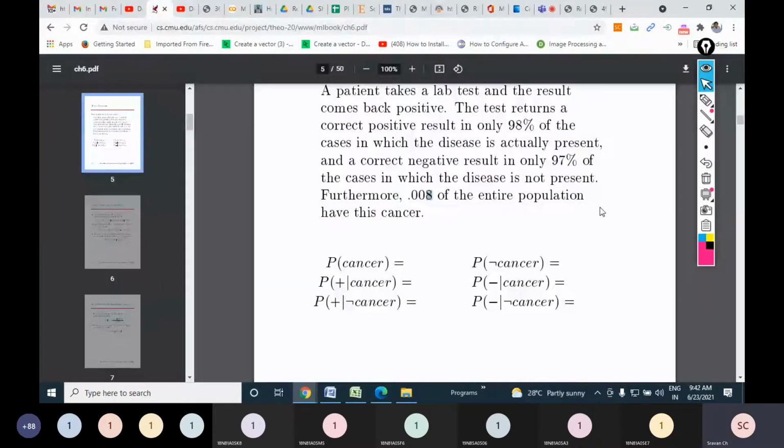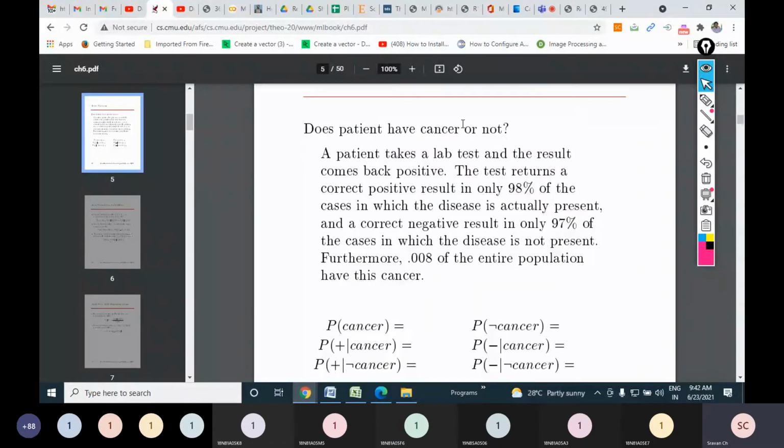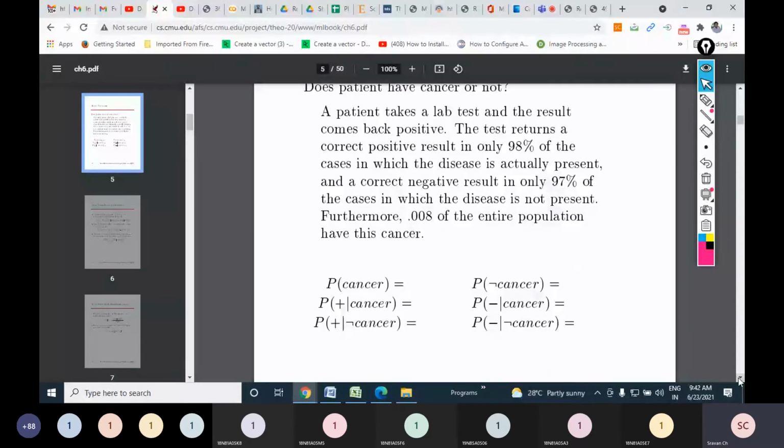Now, in the last line, this is the question. A patient takes a lab test and the result comes positive. Does the patient have cancer or not? This is the problem. The test returns a correct positive result in only 98% of the cases and a correct negative result in 97% of the cases.